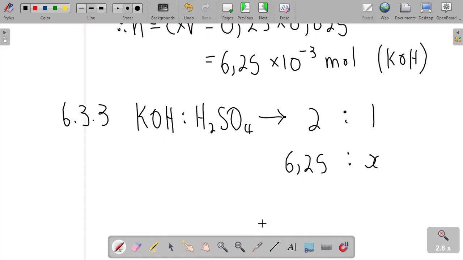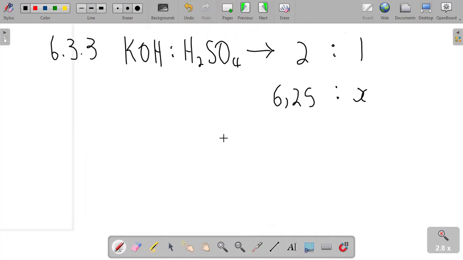So then what do we do? We use the ratio. Then we're going to say, therefore, X will be equal to this multiply by that, divided by this.